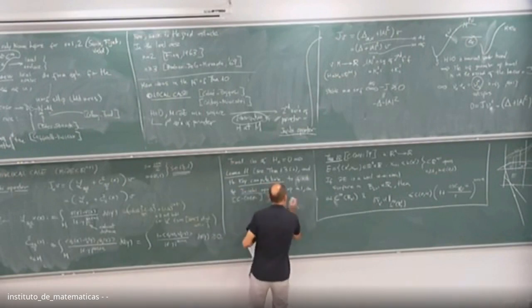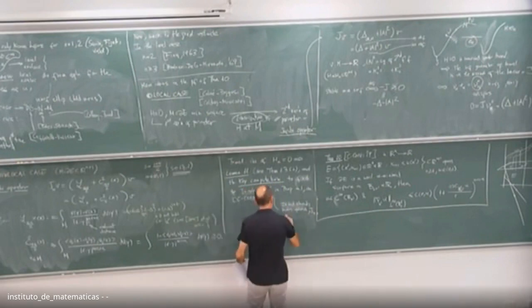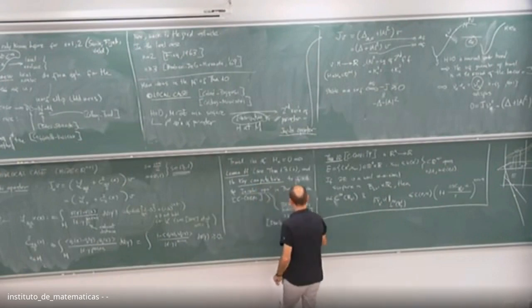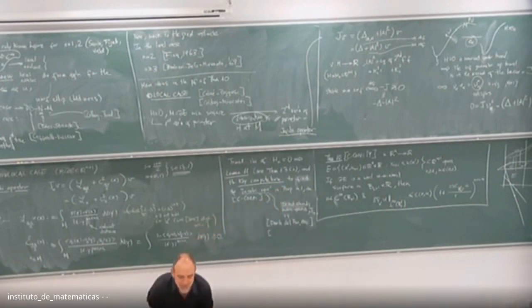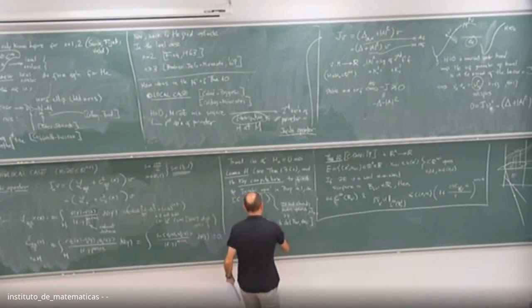In fact, it had already been found by Dávila, del Pino, Wei, and by five people, which is the first one? Figalli, Millot, Figalli, Fusco, Figalli.